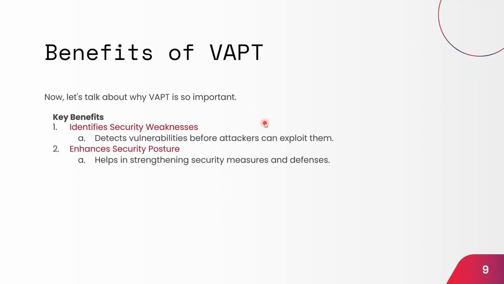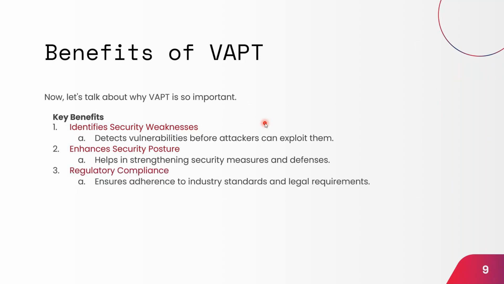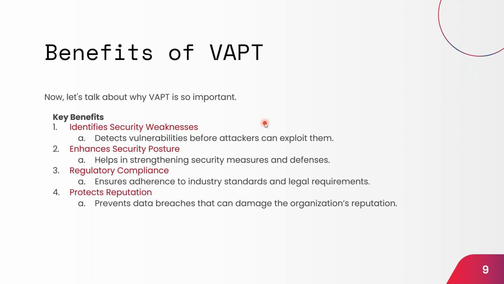Correct. So with the help of VAPT, we can identify the security weaknesses, and it also enhances the security posture of an organization. And as per the compliance, we can also clear all the regulatory and compliance part, so that we'll be ensured that we are as per the industry standards and legal requirements, and also protect the reputation, guys.